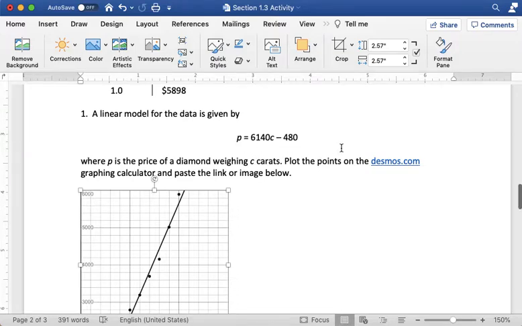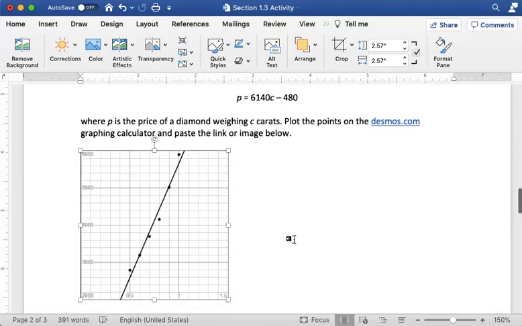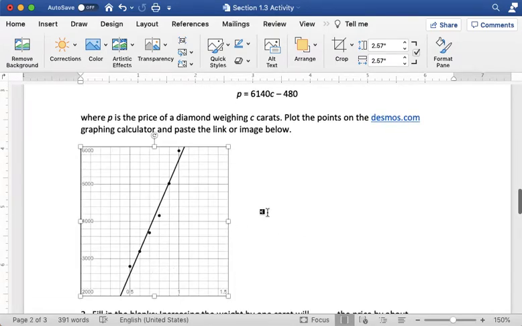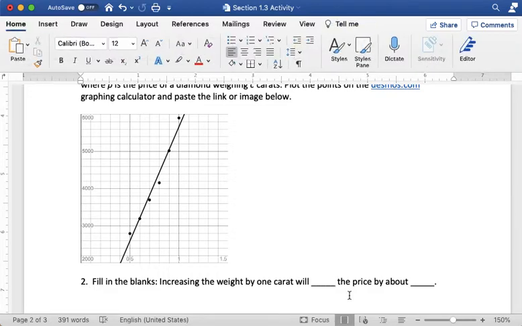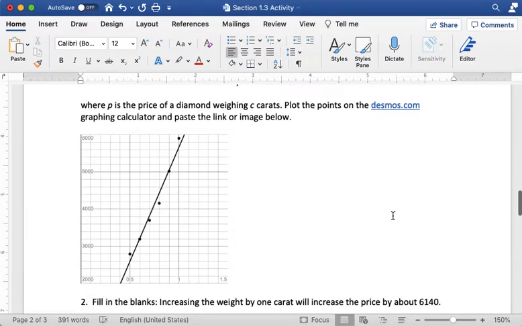And so if you remember what slope means, it means for every 1 unit increase in x, my y value increases by 6,140. So increasing the weight by 1 carat will increase the price, because my slope is positive. It is increasing. Increase the price by about whatever the slope is, 6,140.